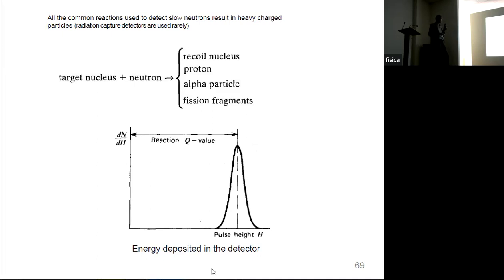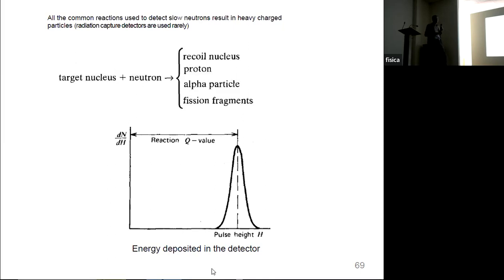Here I will describe how to detect a thermal neutron. Usually, we have some target nucleus, and the neutron hits it, interacts with it, and creates nuclear recoils, for example, or alpha particles, or fission fragments.